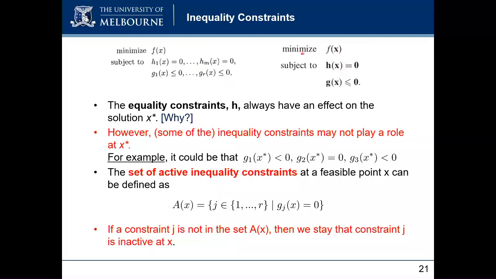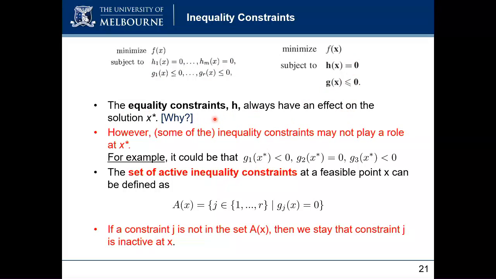Or you can write it in another notation: h of x is a vector, each component equal to 0, so it equals the 0 vector, and g1 to gr written in a vector-like form, less than or equal to the 0 vector.